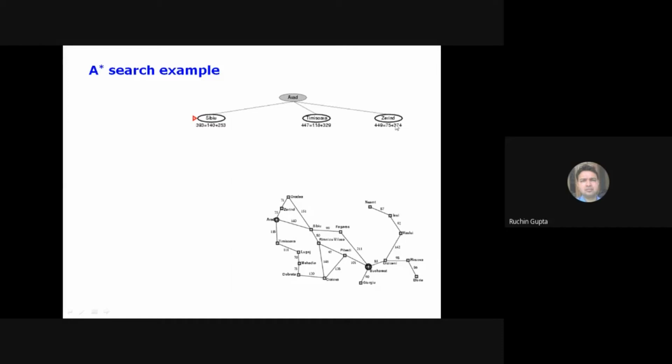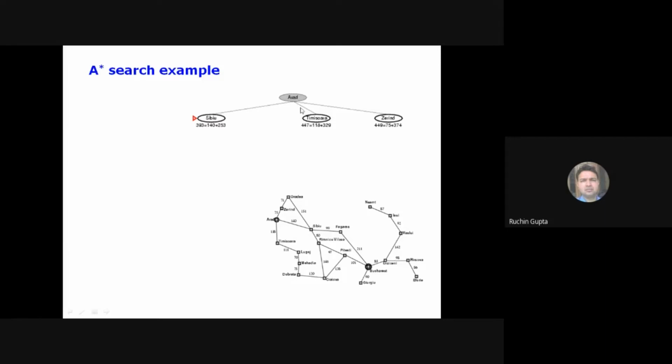Sibiu, Timisoara and Zerind, they are the neighboring cities. It will again calculate the value of f(n). So f(n) will be g(n) plus h(n). h(n) will be 253 and g(n) will be 140. What is this g(n)? g(n) is the cost of the path from Arad to Sibiu, and we see that the cost from Arad to Sibiu is 140.